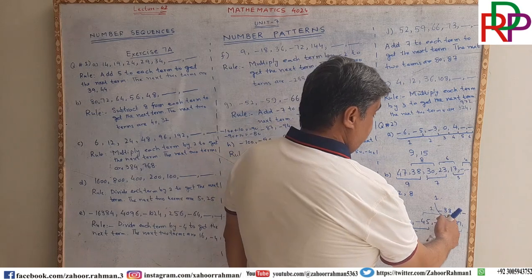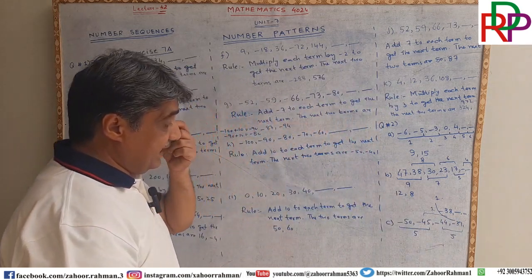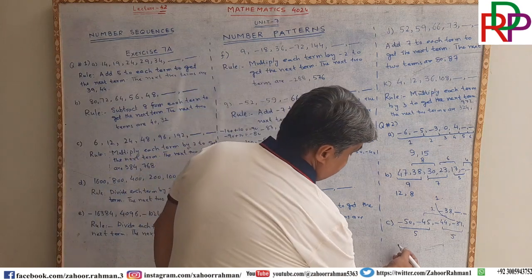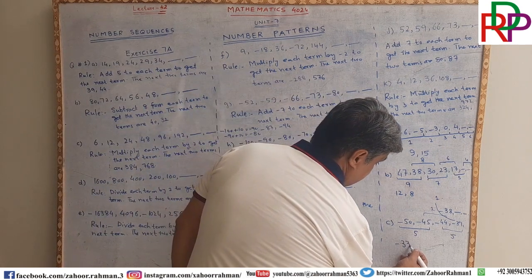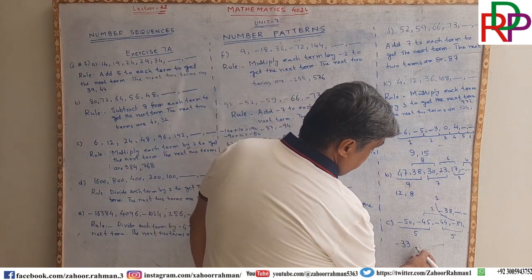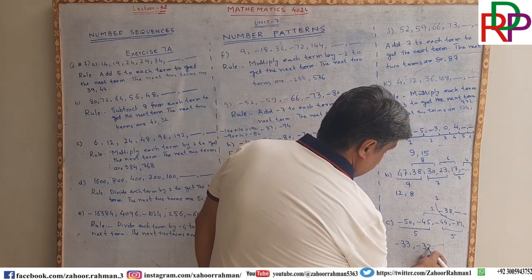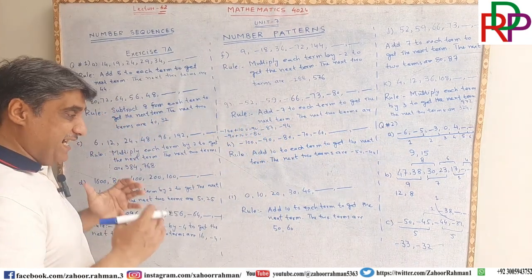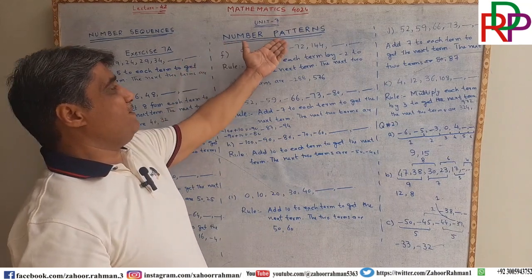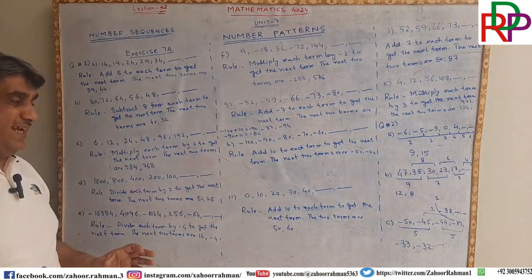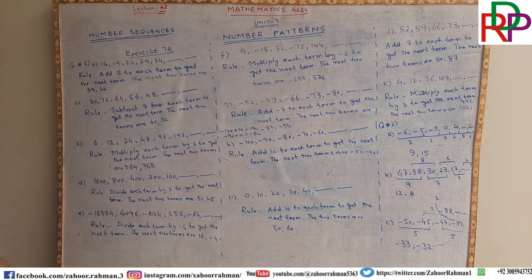So this is minus 38, and when we are adding 5 to it, we will get minus 33 is the next term. And when we add 1 to it, we will get minus 32. By giving a look to the previous pattern, number patterns, the number sequence, you have to construct an idea that what will be the next two terms.